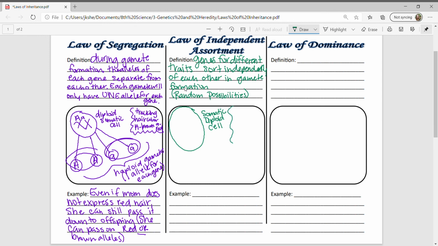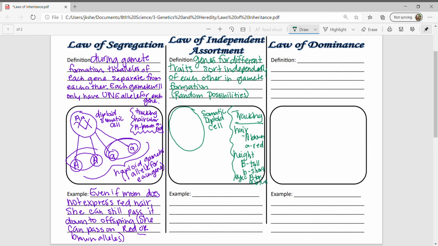So if we wanted to track hair color, we know that dominant is brown, recessive is red. Let's say we also want to track height, in which dominant is tall, recessive is short. And then let's also track eye color, in which dominant is brown, recessive is blue.